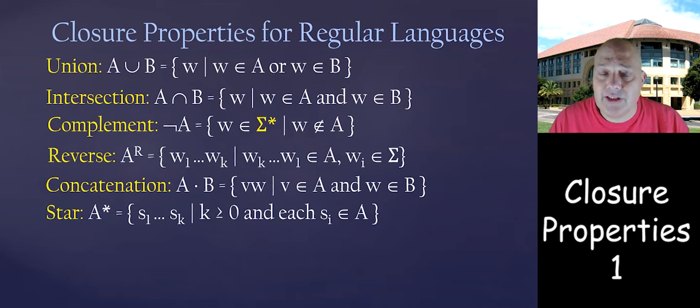The empty string is in A star for every A. Otherwise, it's words that can be split into the concatenation of words from A.